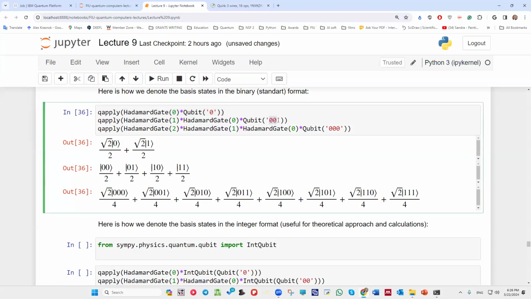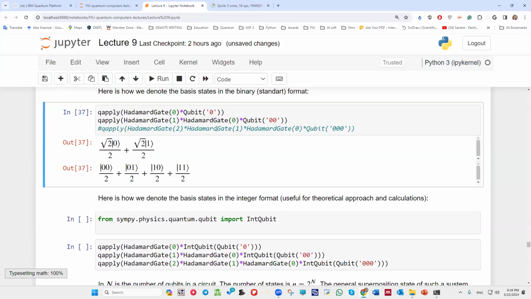If I start from a 2-qubit system, 0, 0, initially, the application of Hadamard gates to qubits 0 and 1 creates these 4 states: 0, 0, 0, 1, 1, 0, 1, 1.